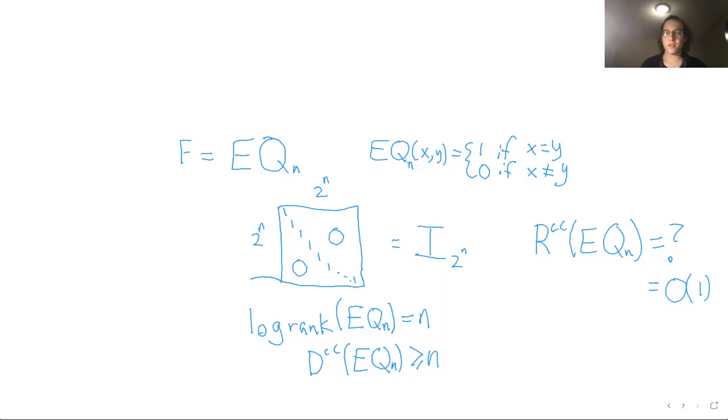There's this interesting strategy. If Alice and Bob want to know if their strings are equal, they have shared randomness, so they can pick a random hash function in advance. They get their inputs x and y, and use their shared randomness to jointly pick a random hash function.